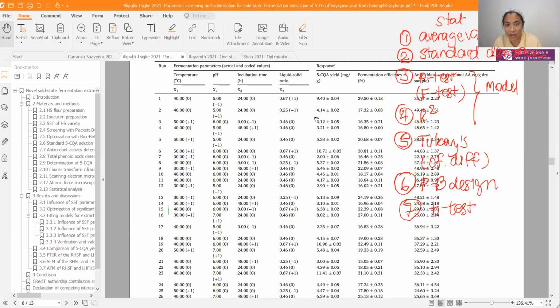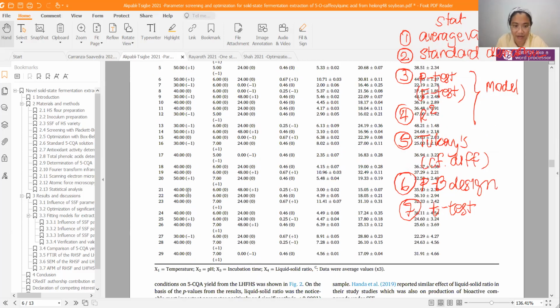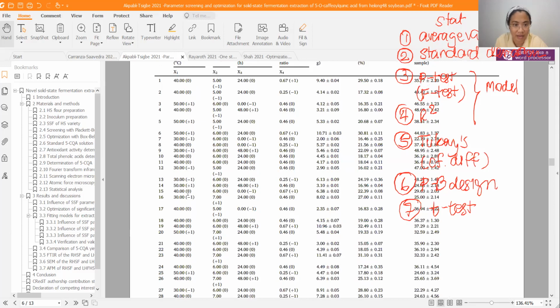You have the average values and then plus or minus SD here. So they're doing a pretty extensive thing. Normally when you are doing Box-Behnken design, you don't have to do the repeats because the center points are actually representing the errors from doing repeats already.